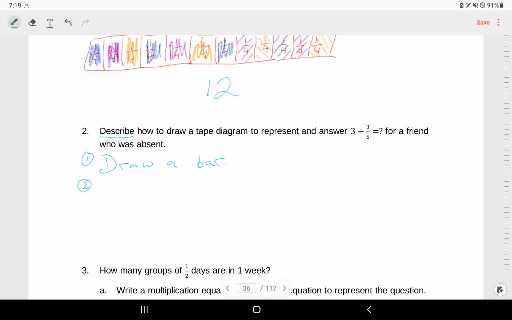So step 2: split it into equal sections.